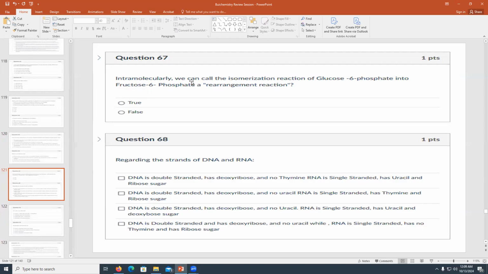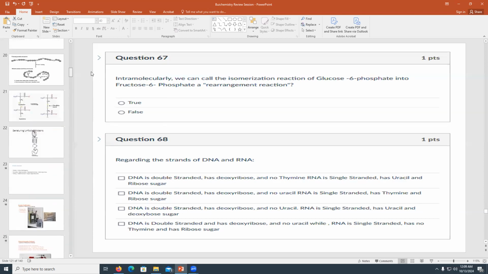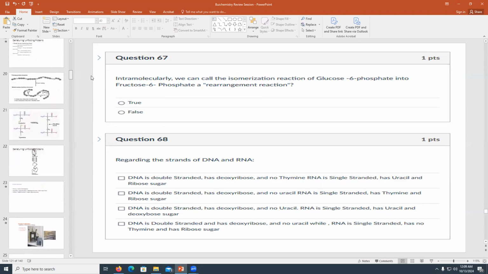Intramolecularly, within the molecule, we can call the isomerization of glucose 6-phosphate into fructose 6-phosphate a rearrangement. Let's go look at that.